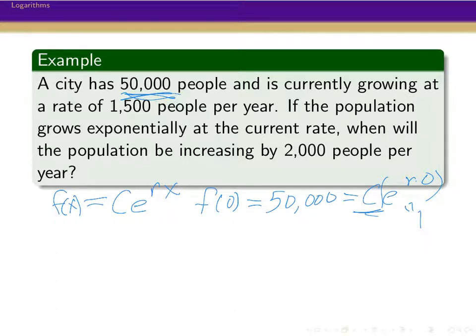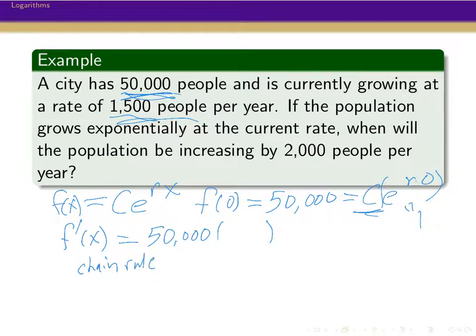Okay. And then we're given that it's currently growing at a rate of 1,500 people per year. That's telling me something about the derivative. So we have to take the derivative of this function. We know that c is equal to 50,000, and then we have to take the derivative of e to the rx. We've done this a couple times before, but let's write it out quickly.